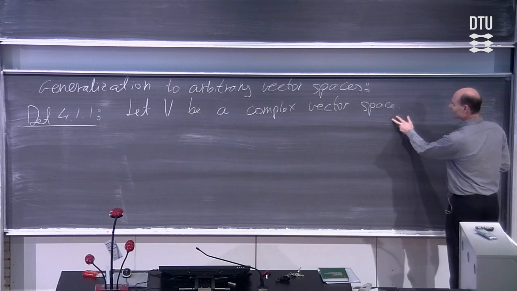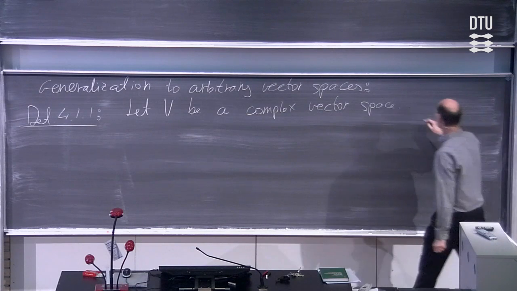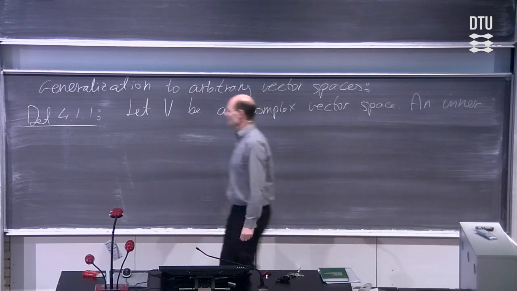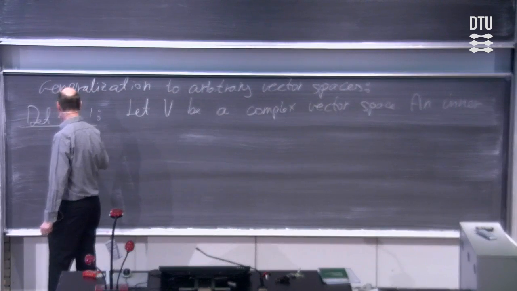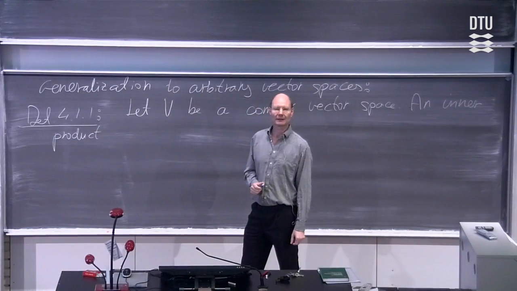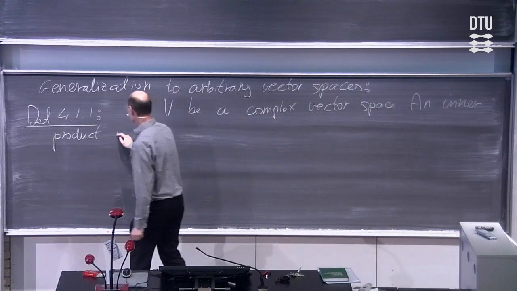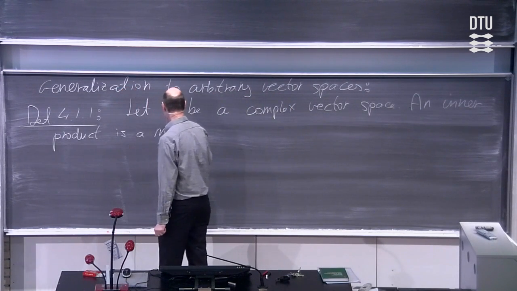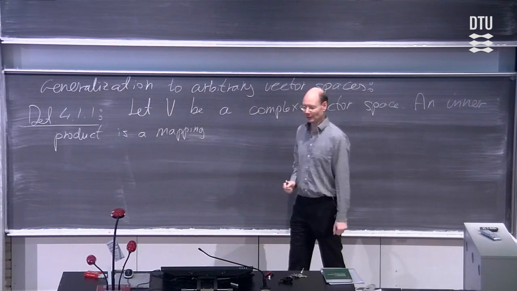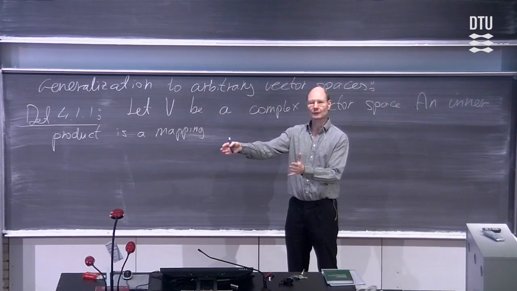So for a complex vector space, we want to define an inner product. And we'll do it a little bit in a similar way to what we did as we introduced a norm. So we'll say an inner product is a mapping. You remember, as I defined the norm, I was saying a norm is a mapping that to each element in the vector space associates a real number.